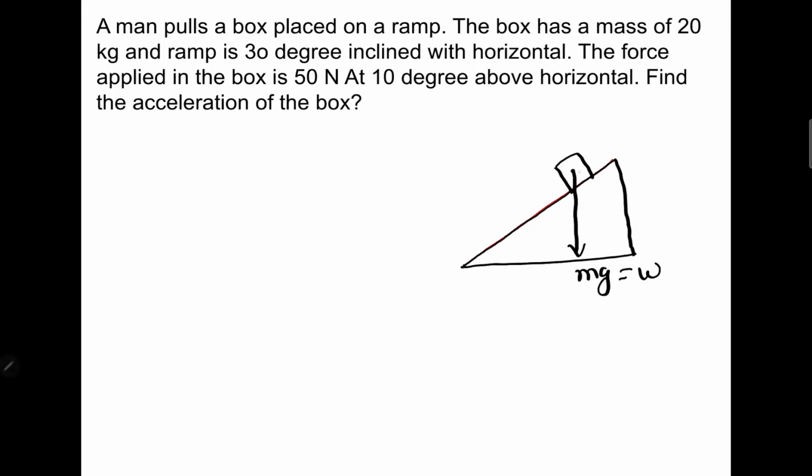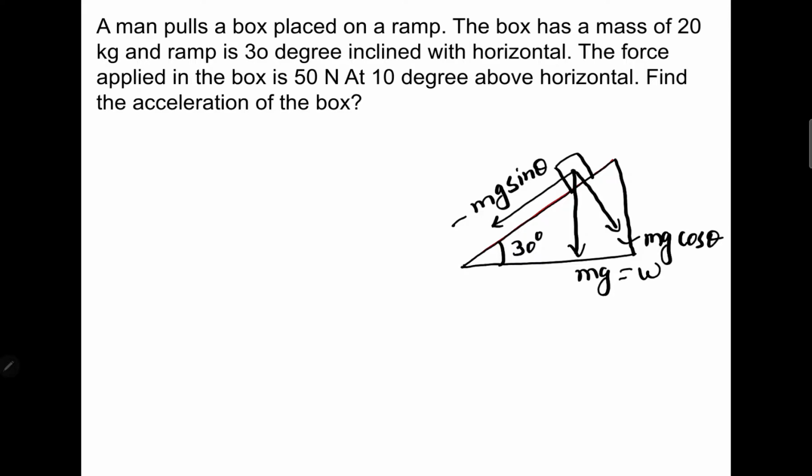Splitting into components, the angle right now is 30 degree, and this component is negative mg sine theta, right? This mg is acting downward. You can split it into x and y components. This component will be mg cos theta, right?